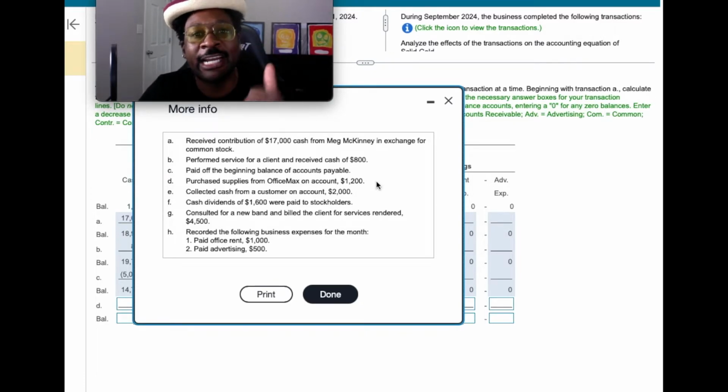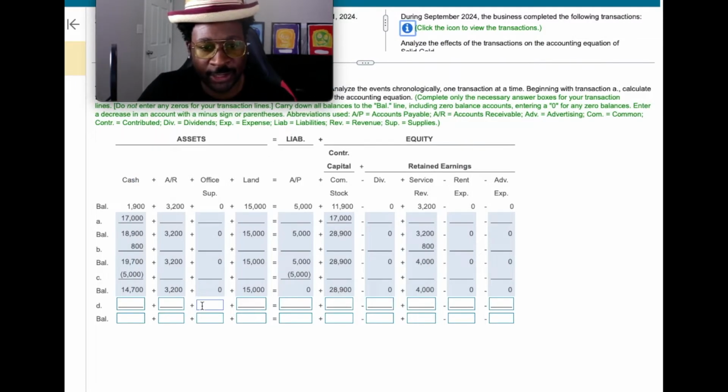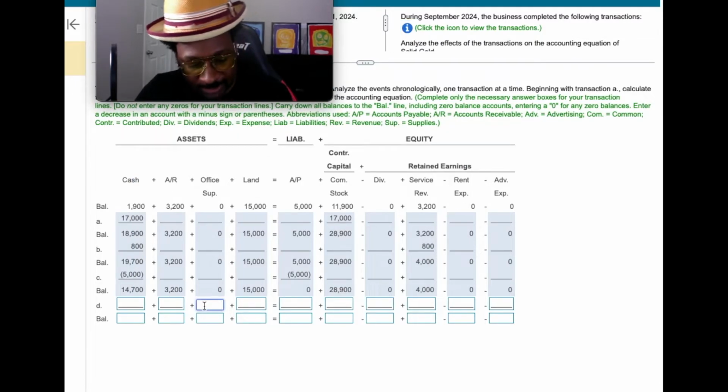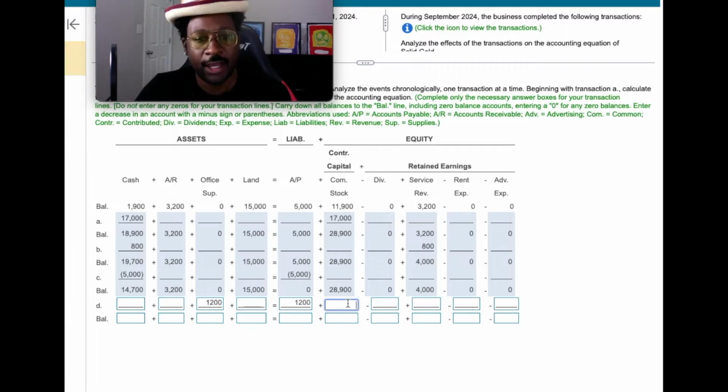Remember, gang, accounts payable is an account that is set up to pay cash in the future, which happens to make it a liability. So we're going to increase our office supplies by $1,200 and increase our liability account payable by $1,200 as well. Our transaction analysis has been complete for this particular situation, and now we can calculate our new balances.